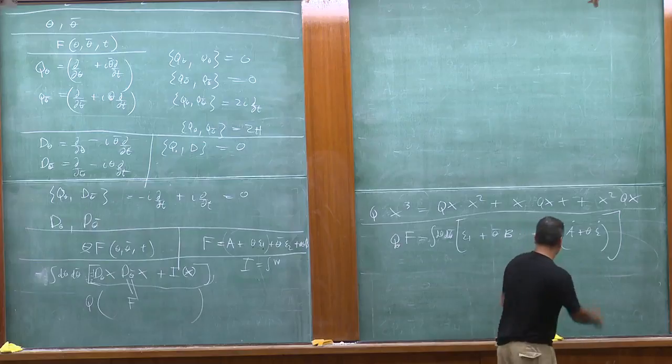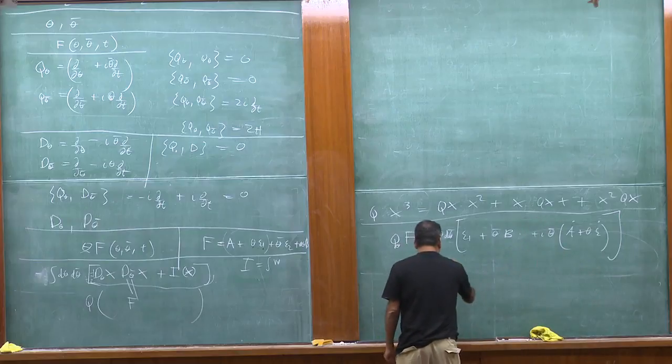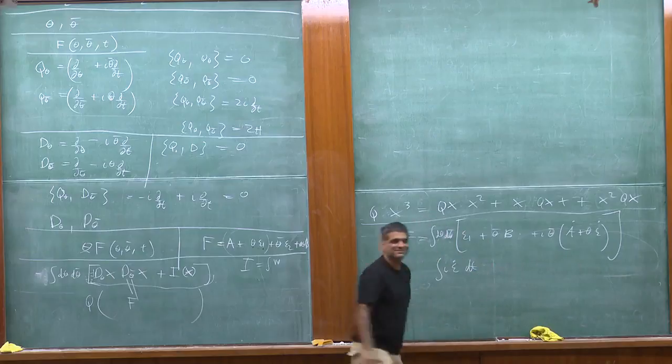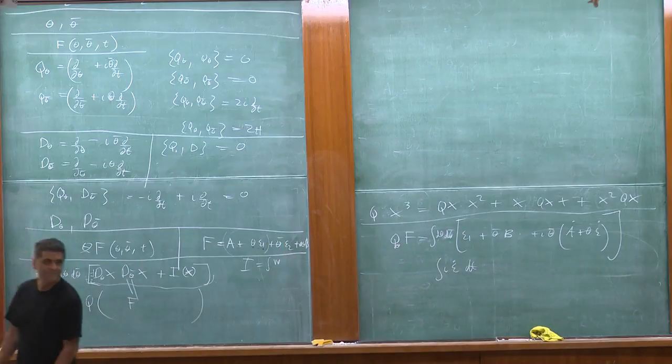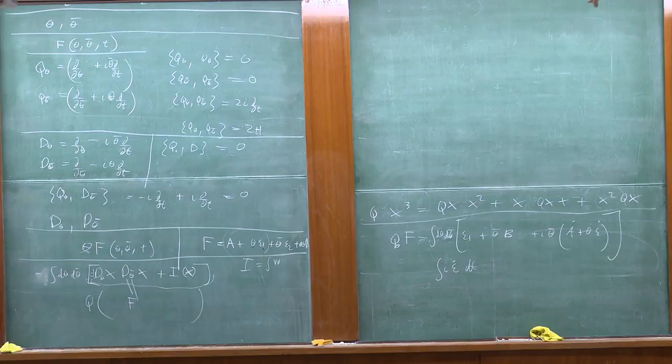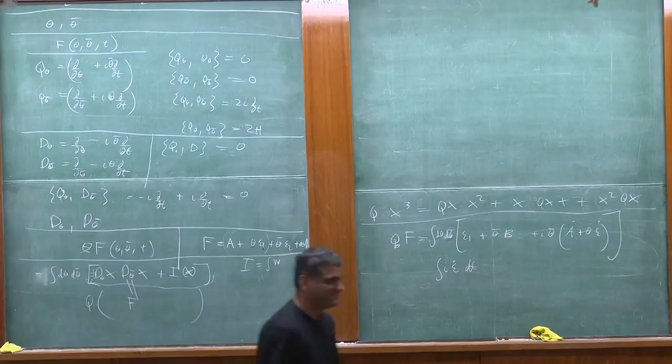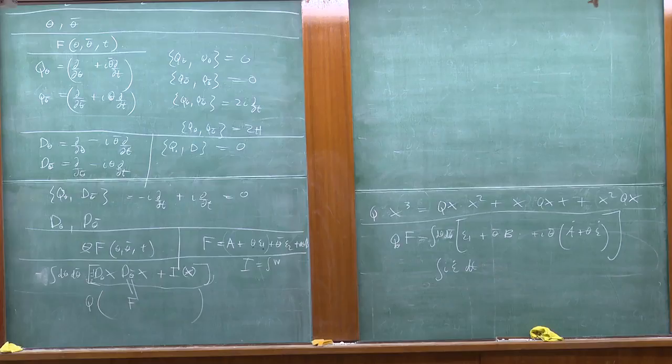So exactly here we would get I times zeta dot dt. But I times zeta dot dt is a total derivative. So the variation of the action under the change of variables generated by this differential operator, this Q theta differential operator, is by a total derivative.